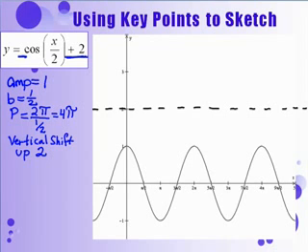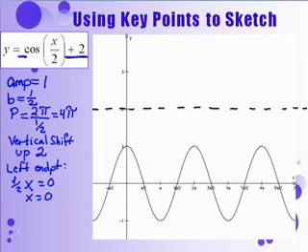Okay, let's go ahead and get our intercepts. Our left endpoint is still going to be x equals 0, because remember we said we didn't have a horizontal shift. Setting 1/2 x equal to 0, so x is 0.